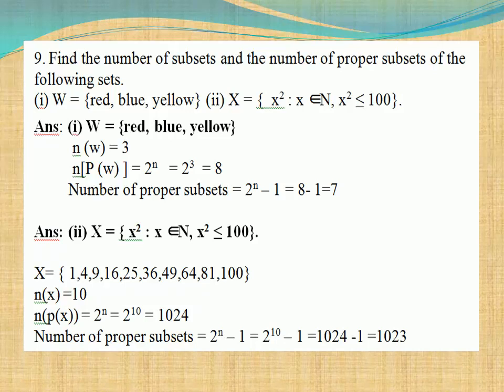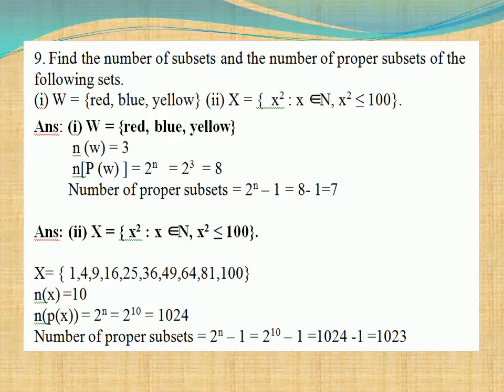First subdivision: W is equal to the set red, blue, yellow. Second subdivision: X is equal to x square such that x belongs to N, x square less than or equal to 100. First one: W is equal to the set red, blue, yellow. Here the number of elements in the set W is 3.